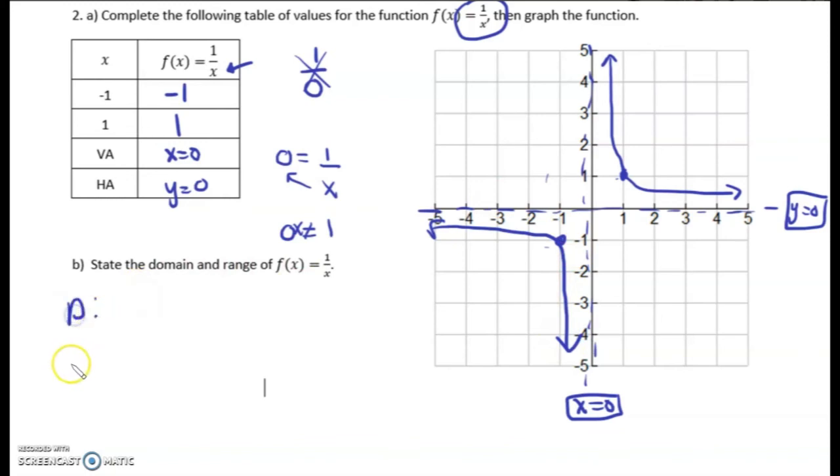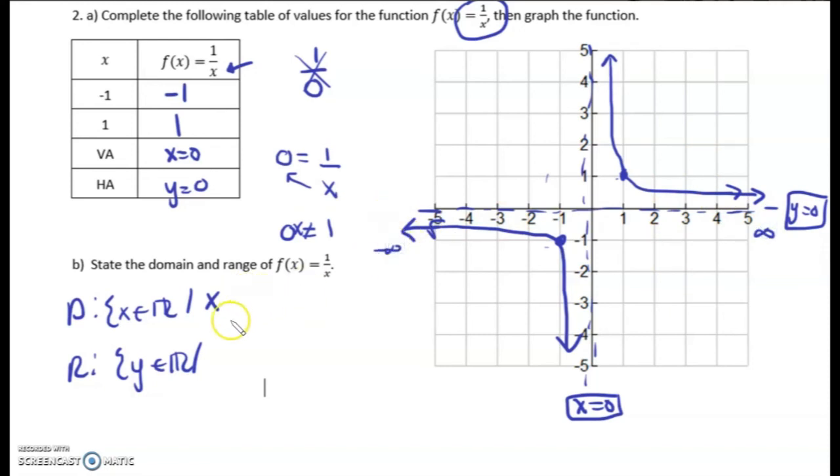Okay, so when we state domain and range of a rational function, I'll set it up, x is an element of the real numbers, such that, okay, x is going to hit every single number. So if we see these arrows here and here, we're going to go to infinity and negative infinity. So x is going to hit every number except for the vertical asymptote, which is 0.